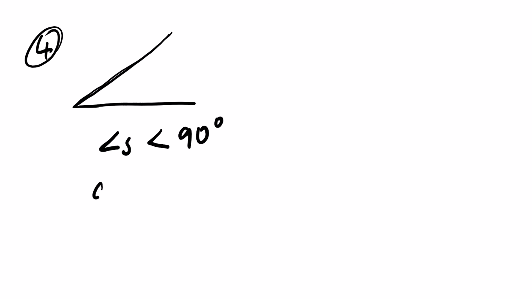Our next type of angles is this one, angles which are less than 90. Angles which are less than 90, we call them acute angles. So any angle which is less than 90, just know that the specific name for those angles is acute angles.